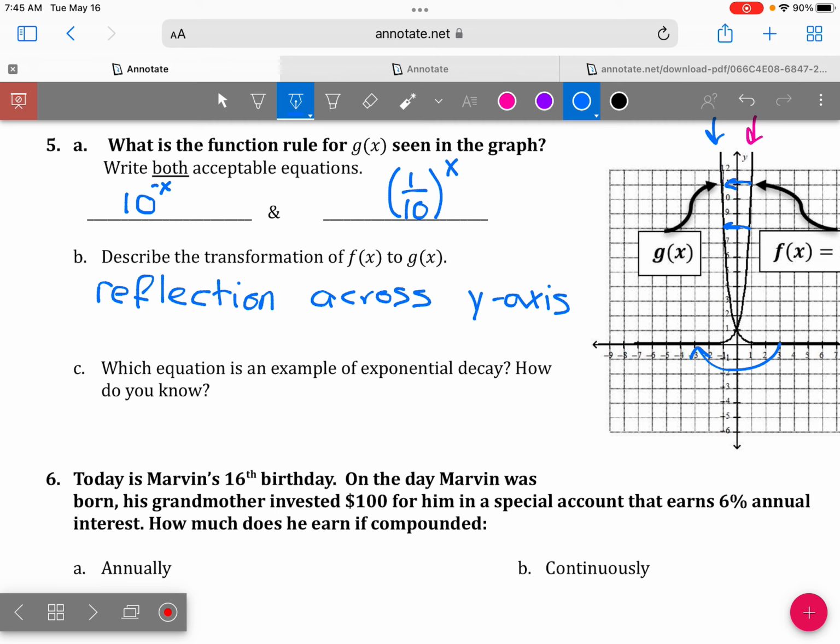And then I'm going to ask you guys this. Is g of x or f of x, so g or f, which one is decaying? Which one is decay instead of growth? Let's see. So this guy is decaying. Pink. Let me get a bigger marker so we can actually see it.